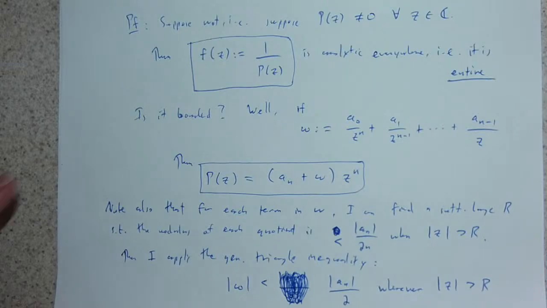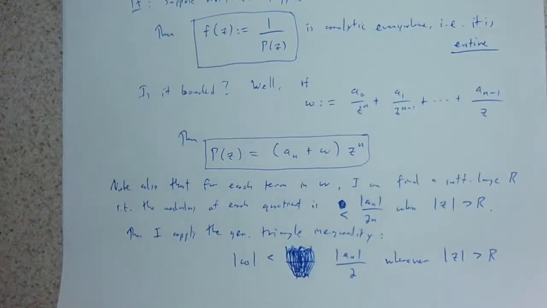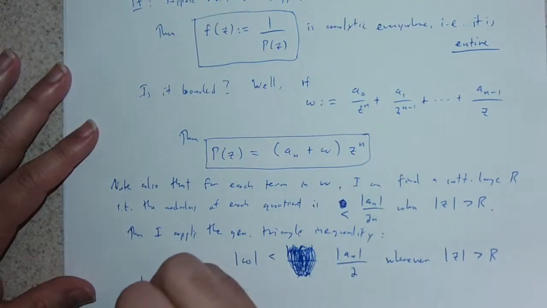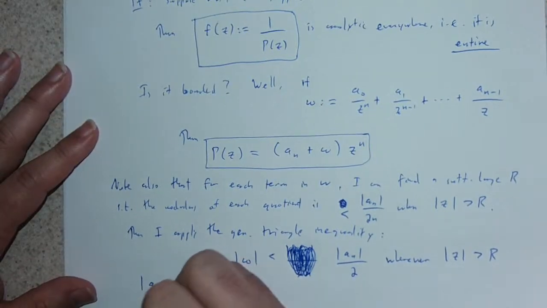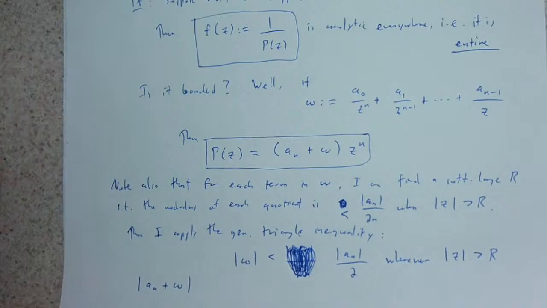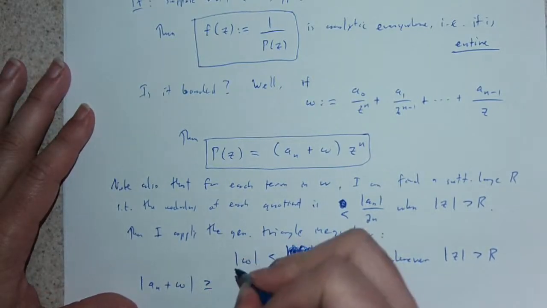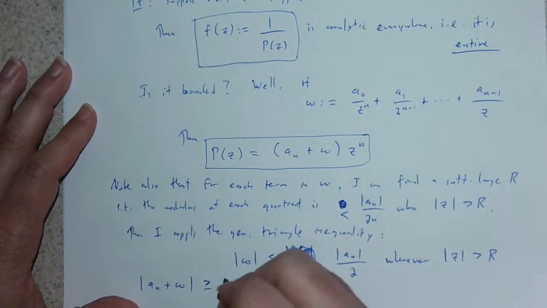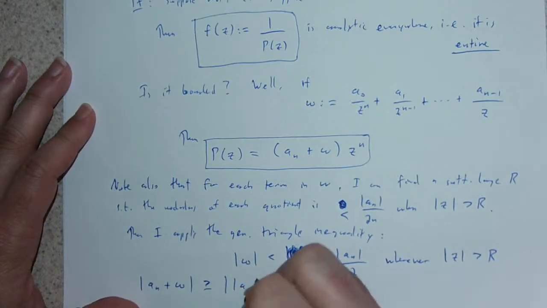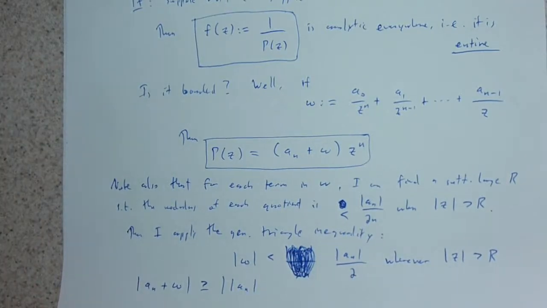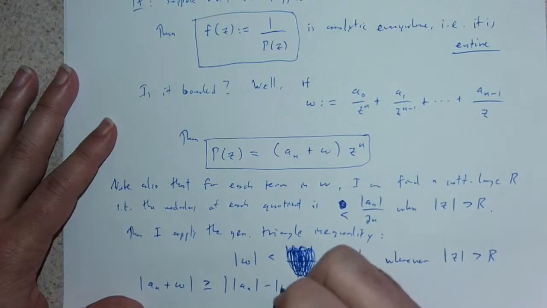And so, what does this mean? Again, from the triangle inequality, the modulus of a sub n plus w is greater than or equal to the absolute value of the modulus of a sub n minus the modulus of w.